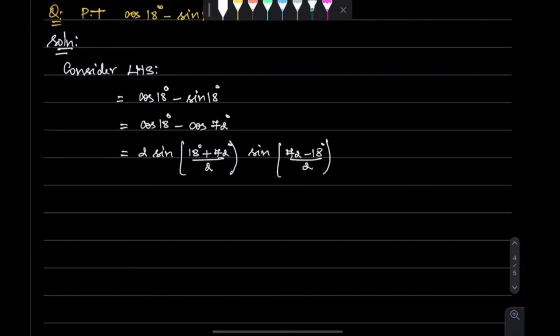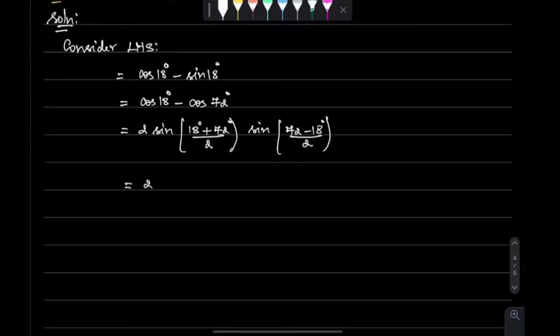I can interchange it, no problem. 2 sin 45 degrees. So I chose this problem, I thought I can teach you this. So the answer is what? Root 2 sin 27 degrees, which is my RHS. Hence proved.